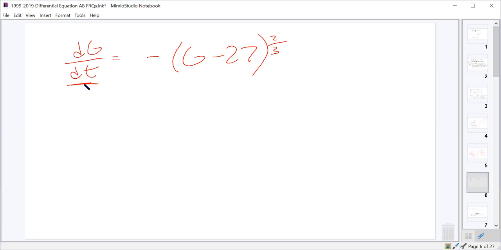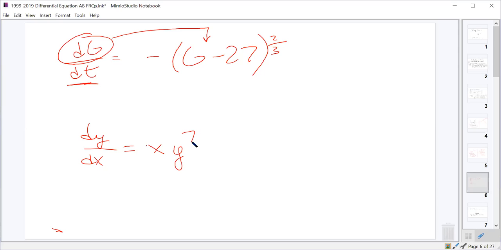And if the variable on the right-hand side is the variable in the numerator of your differential piece, then you have to separate the variables. So if G appears over here anywhere, which it does, we have to separate the variables. Just like if we had dy/dx equals blah, blah, blah, x, y to the 7, because y appears over here, we have to separate the variables. So same here. G appears over there, we have to separate the variables. Everybody at home good with that? People here good with that?